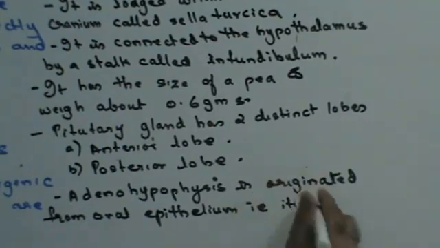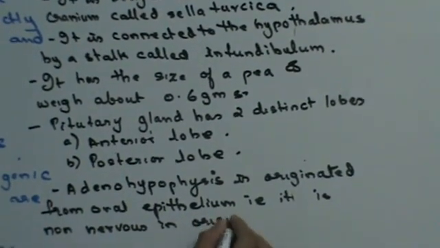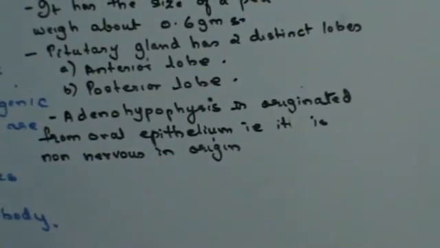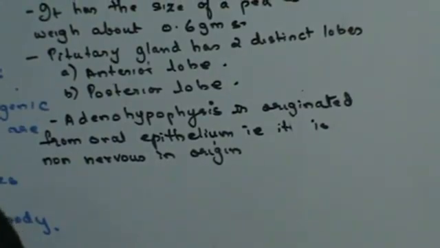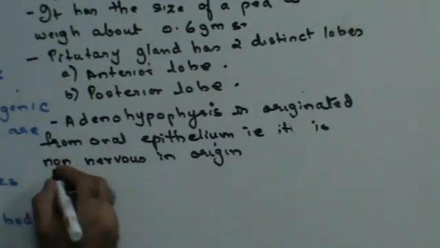Fine. So it comes from the pharynx, and that is the reason why we say that it originates from oral epithelium. It does not have any nerves in it, right?